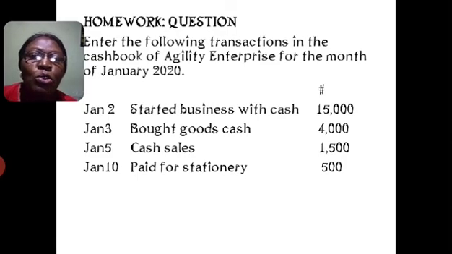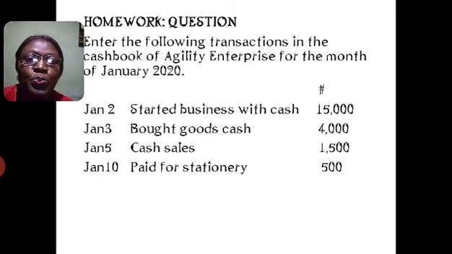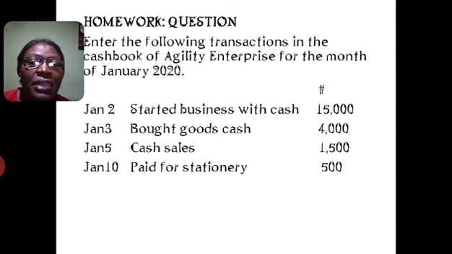Then let me also do the second transaction. The second transaction, which is January 3rd, says bought goods cash. Then you ask yourself, when a businessman buys goods, is the money going out or coming in? And you notice that the money goes out, so it will be entered at the right hand side, which is the credit side. So under the credit side, under the date column, you write January 3rd.